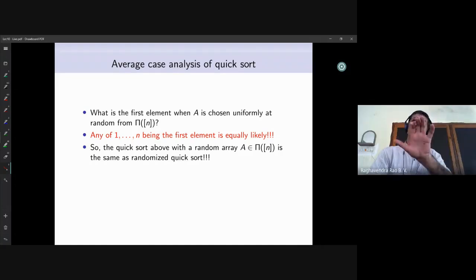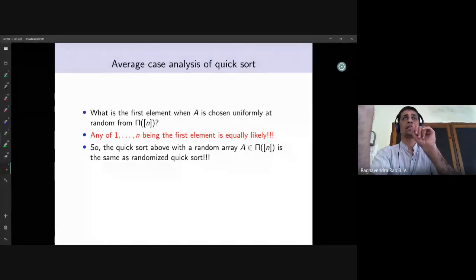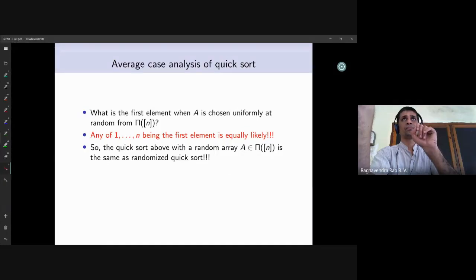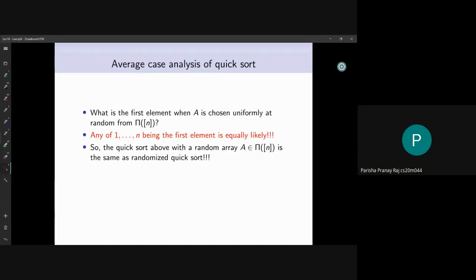For deterministic quicksort, we are analyzing with respect to a fixed input, and we are taking the maximum among all those inputs. Sorry, randomized quicksort. I understood what randomly picking an input means, or a random permutation of an input, but I'm not understanding what a fixed input is.